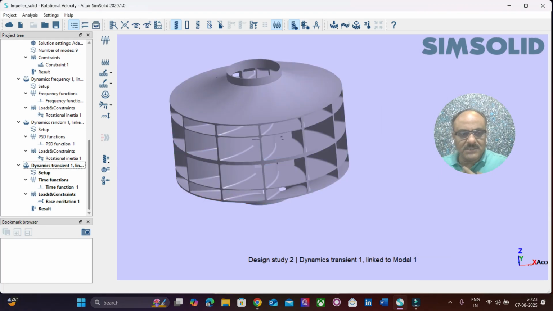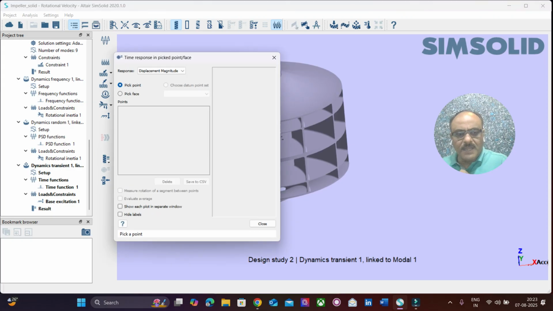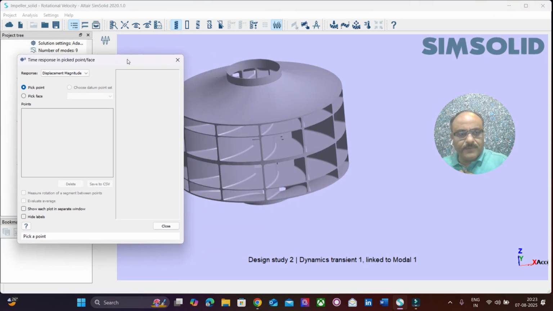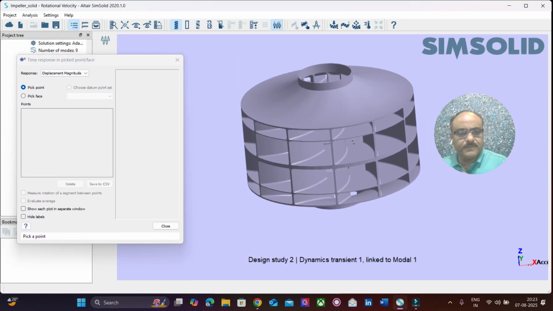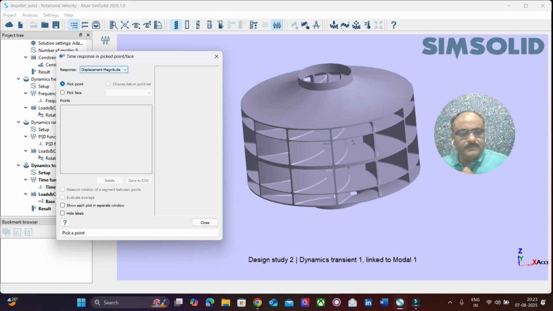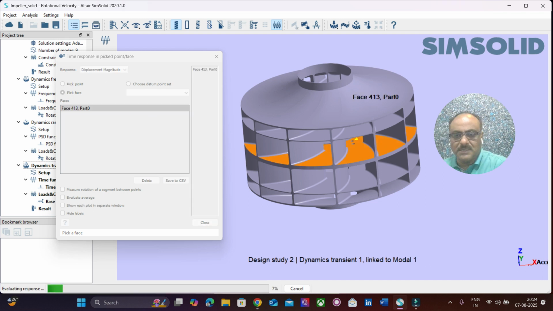Now let's try to find out how the responses are going to be. Let's say the internal part, the disk part. This is the internal disk part, and what is going to be the displacement in magnitude. Let it evaluate.